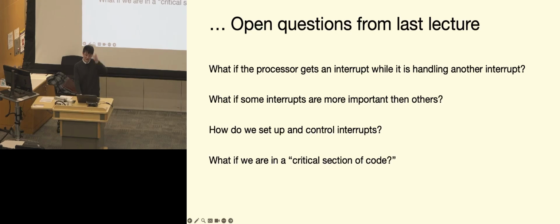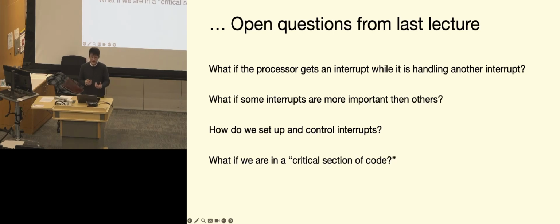So we left with an open question from last lecture. What if the processor gets an interrupt while it's doing another interrupt? What if some interrupts happen to be more important than others? When you're driving a car, indicator lights might not be as important as your ABS, the emergency brakes. So how does the system deal with all those interrupting events?